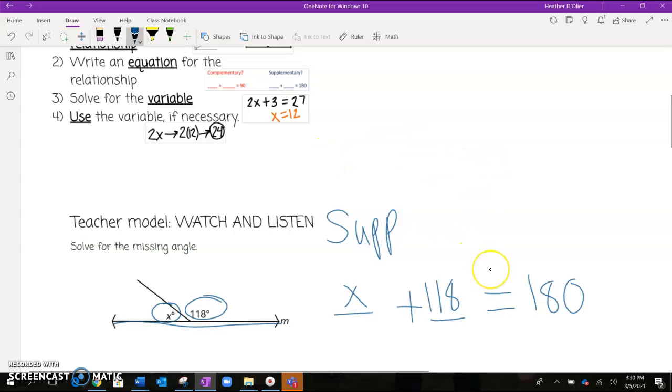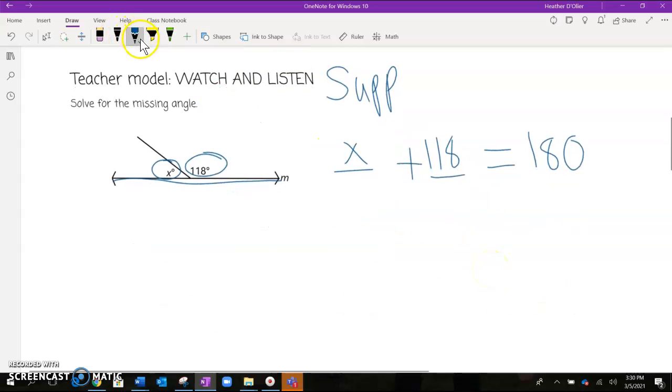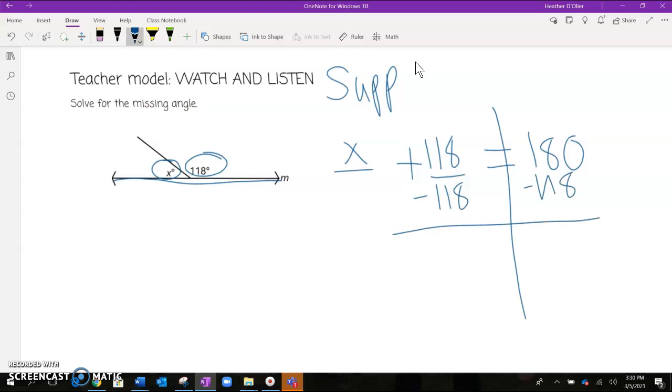Now, this is a one-step equation. I've got this. I can solve this. I'll put my line through the equal sign. That's addition, so the inverse is subtraction. Got a little crazy there. And I get that x equals, I would use a calculator, but I don't have one handy. So I need to regroup.